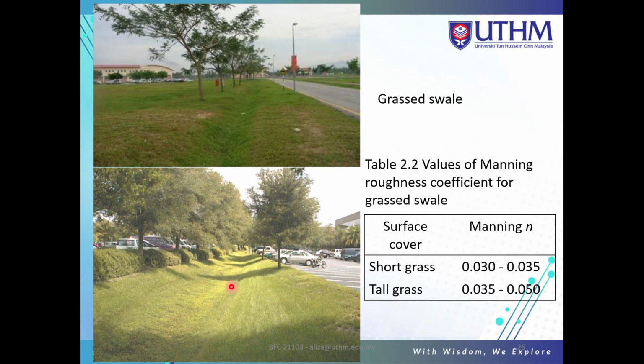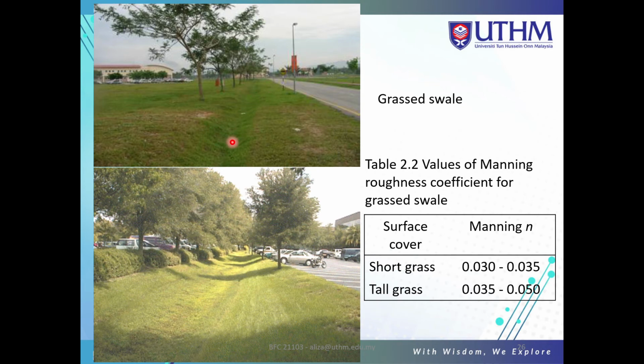The surface cover of the grass swale is short grass or tall grass. If the surface cover uses short grass, the Manning roughness is between 0.03 to 0.035. If the grass is tall, it is between 0.035 to 0.05. So this is the value of Manning roughness coefficient for grass swale. Actually, our campus uses this grass channel, and around our field also uses grass channel.